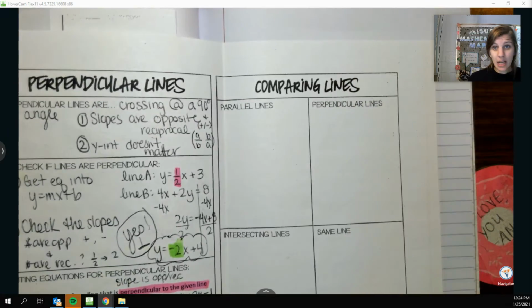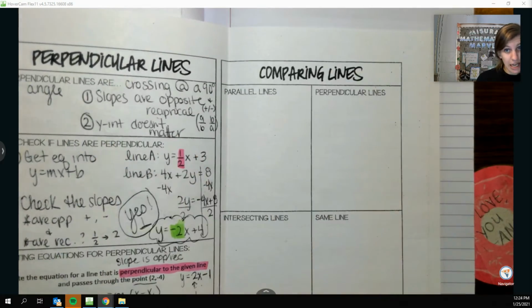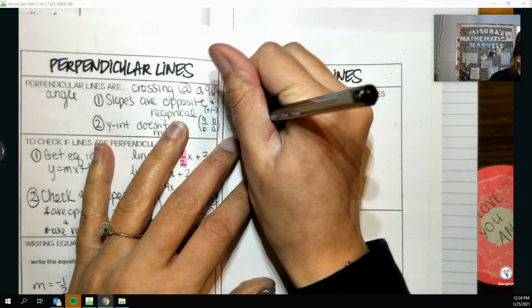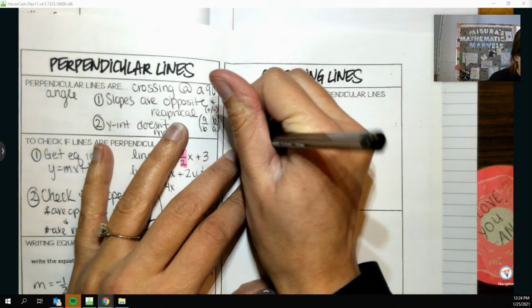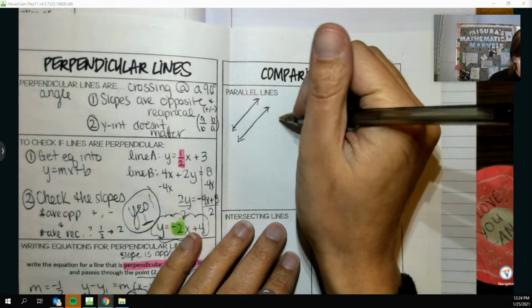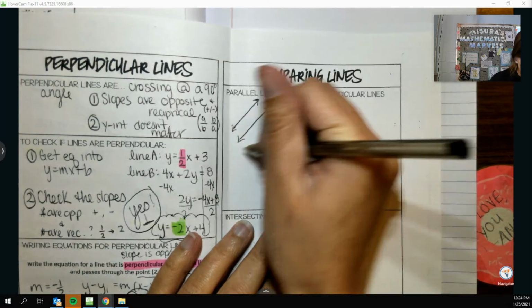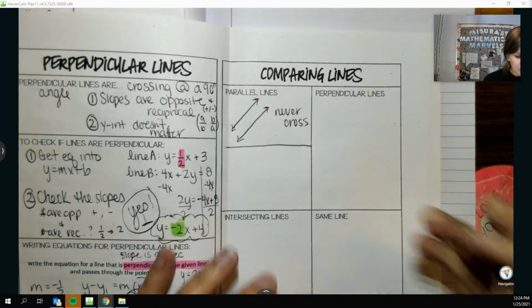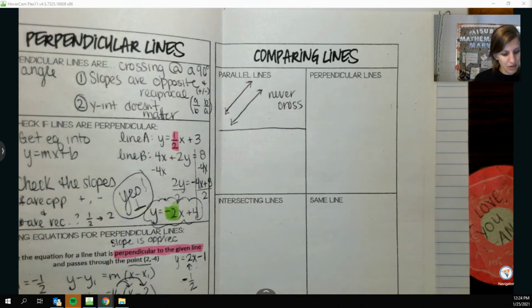Alrighty. So when it comes to comparing lines, visually, parallel lines look like this. Or they could be going down, but they'll never cross. But more importantly, I need to be checking slopes and y-intercepts.